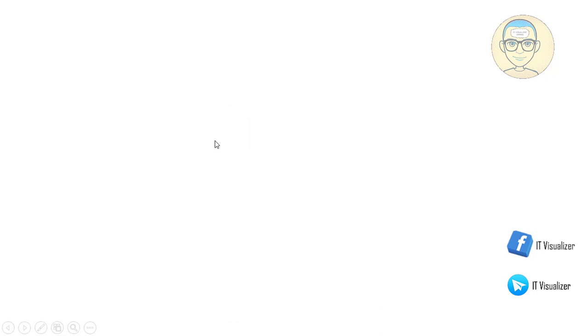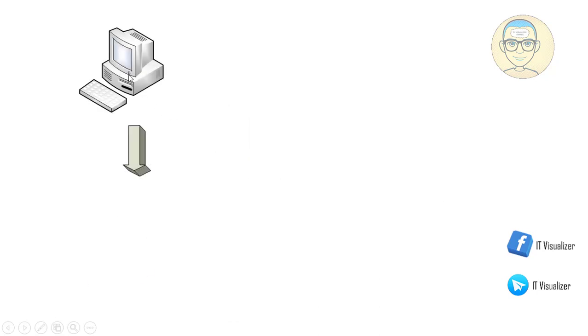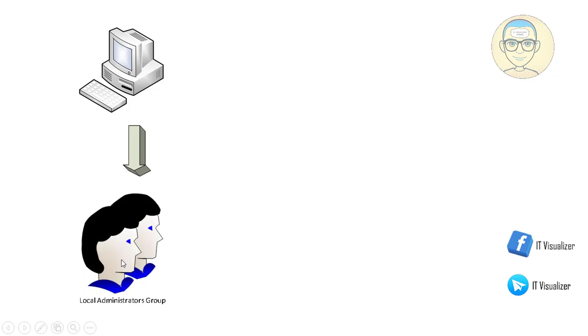I will show you also a little bit of a graph. This is a computer. When you install Windows on it, a local group is created on this machine, called the local administrators group. So if you create a user, and this user on this machine is a member of the local administrators group, this user can do anything to the machine.